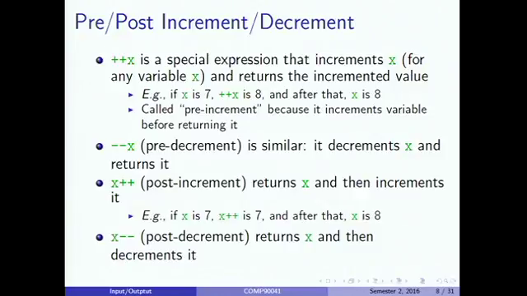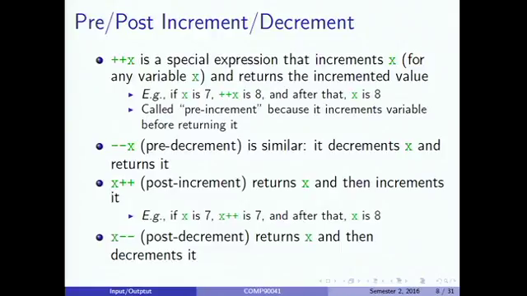So there's plus plus x, and that's called a pre-increment operation because the plus plus shows up before the variable. And what that says is add 1 to x and return that value.